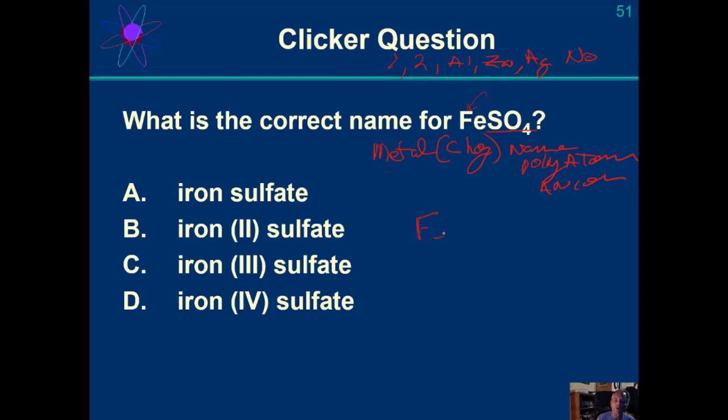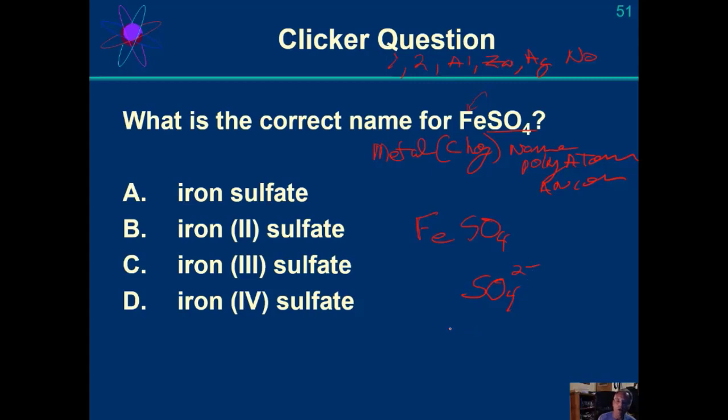Now, how do I figure out what the charge is? Well, I look at this guy right here. This is SO4. Let me think back to my list of polyatomic anions. And I remember, well, this is sulfate, and it had a 2- charge.